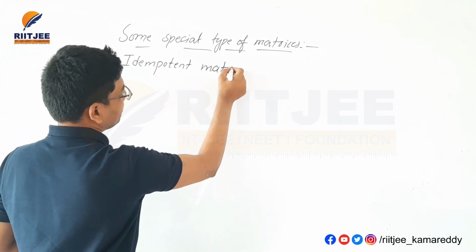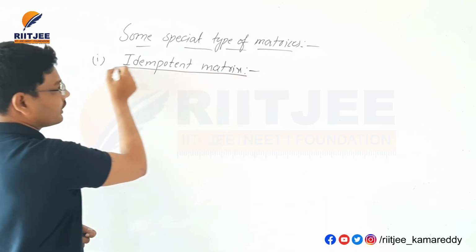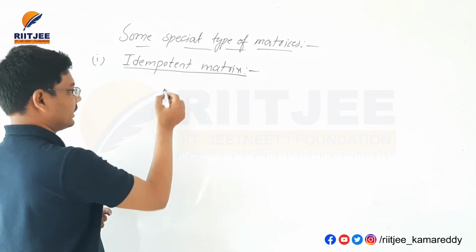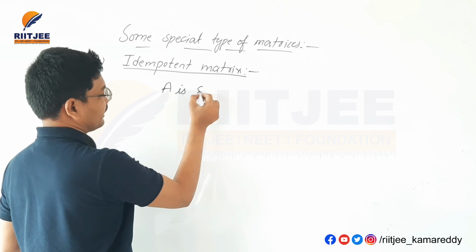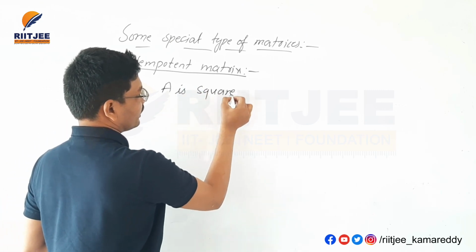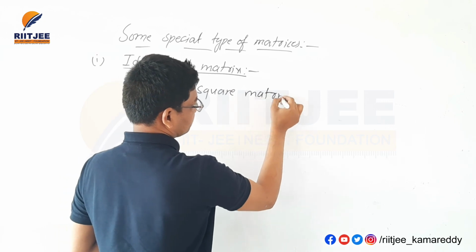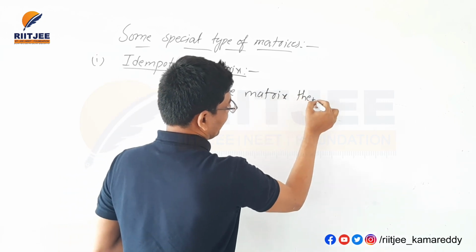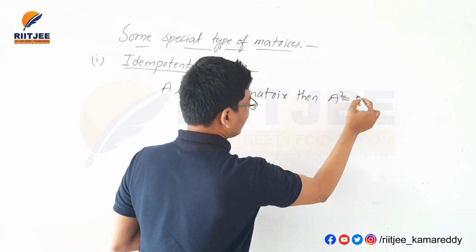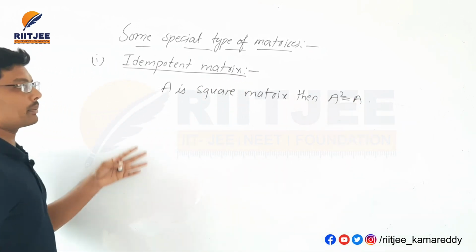What is meant by an idempotent matrix? If A is a square matrix, and A square is equal to A again, then it is called an idempotent matrix.